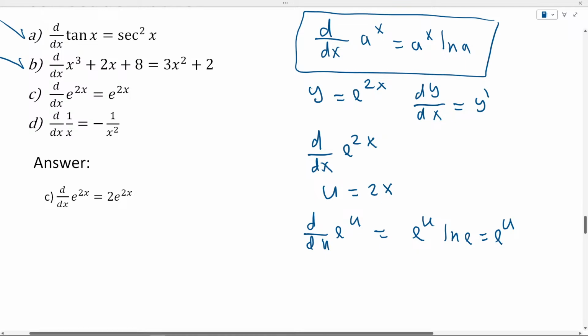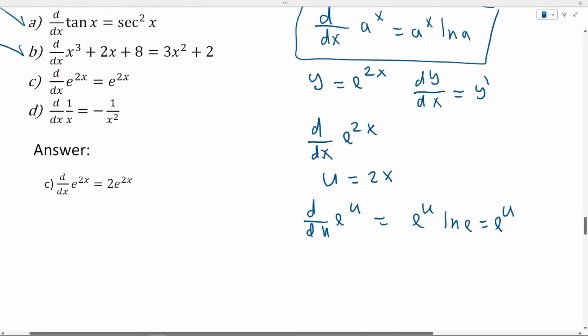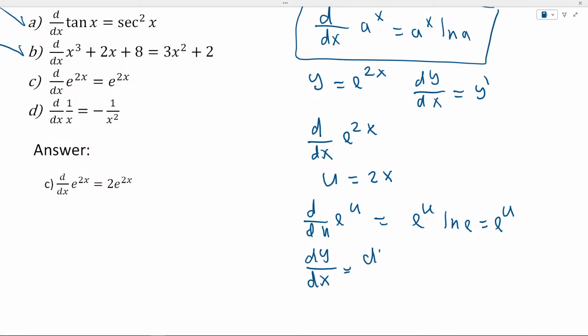This is dy with respect to du, but I want to find dy with respect to dx. So that is easy, because I can say dy with respect to dx is equal to dy with respect to du, which is this here, times du with respect to dx. I can further substitute this because I know that u is equal to 2x.